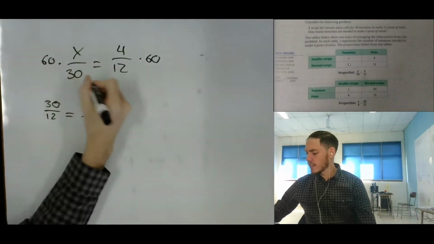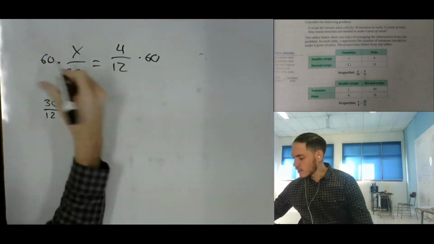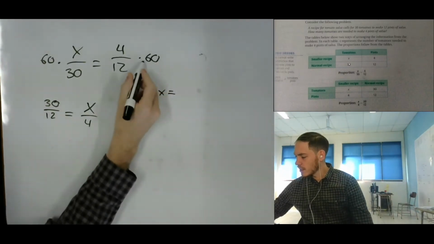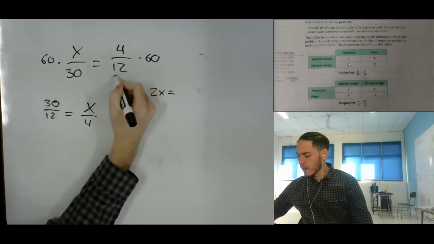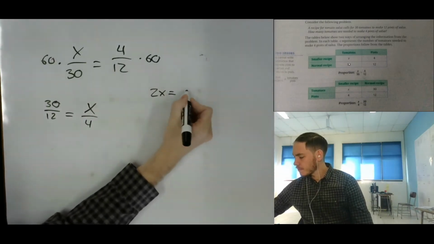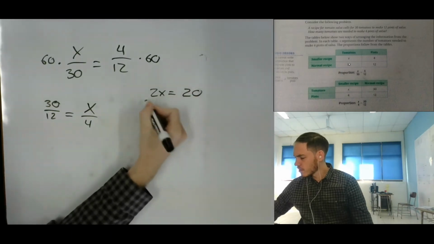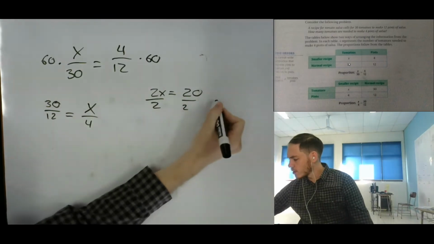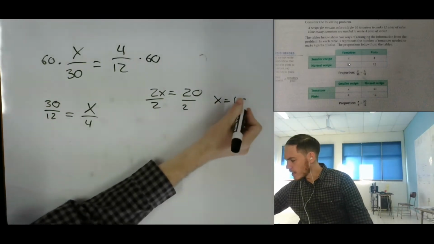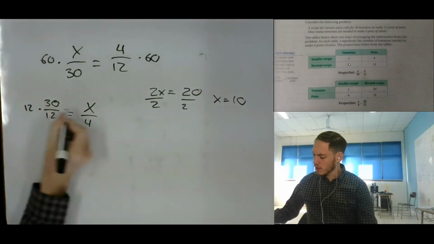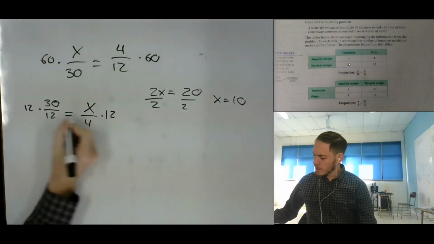So 30 cancels, and gives us 2x equals, and then 60 divided by 12 is 5. 5 times 4 is going to be 20. Divided by 2, divided by 2. X will equal 10.